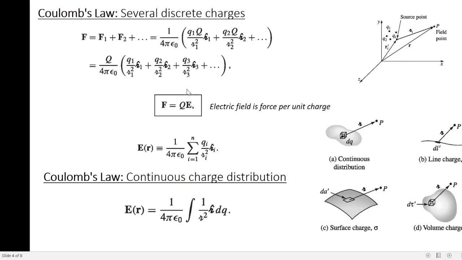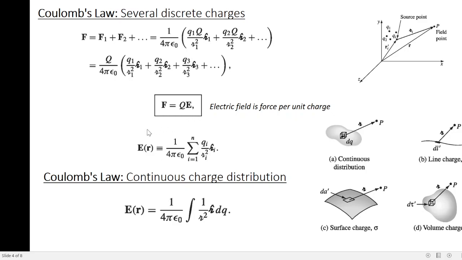So you can write it as a series summation like this, or the total force you can write as the test charge Q multiplied by the total field E, where the total field E equals 1 by 4 pi epsilon naught summation over Qi by Ri square Ri cap, where Qi is each of the individual source charges, and Ri is the separation between the individual source charges and the test charge.